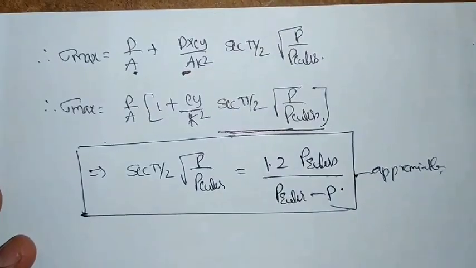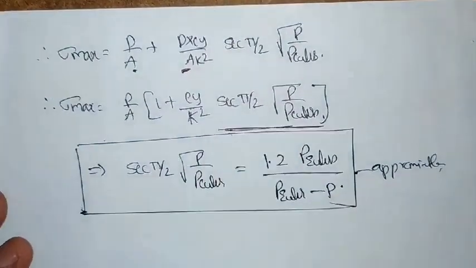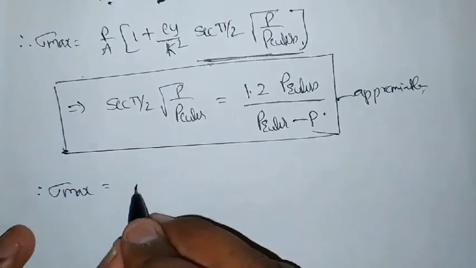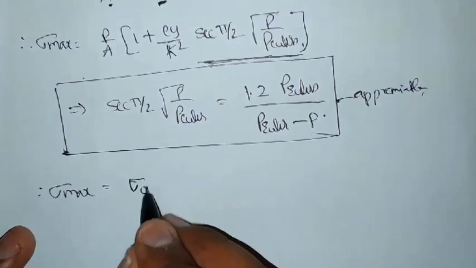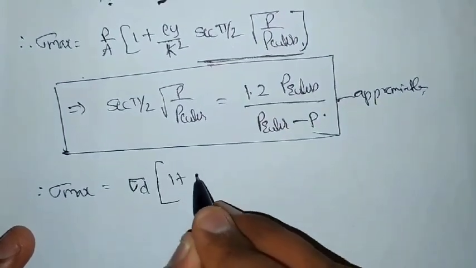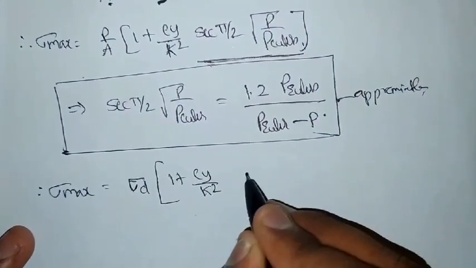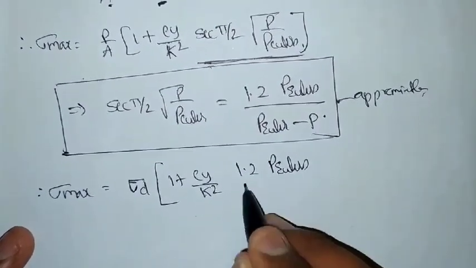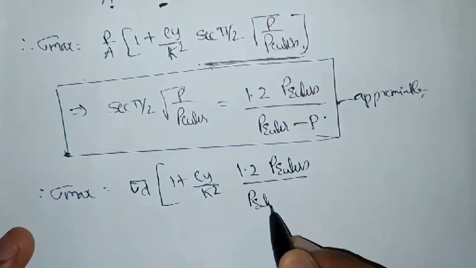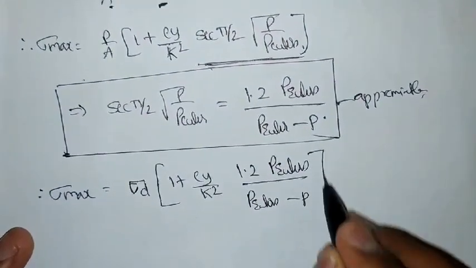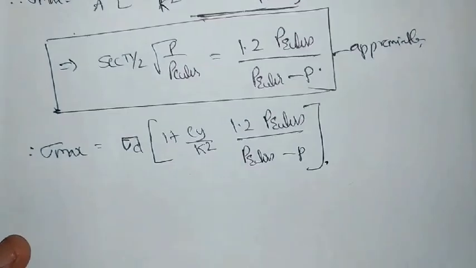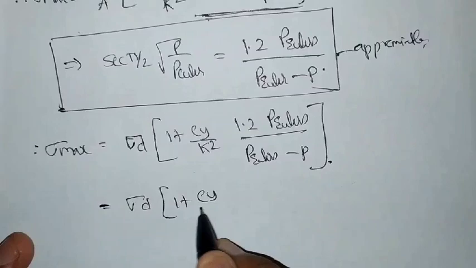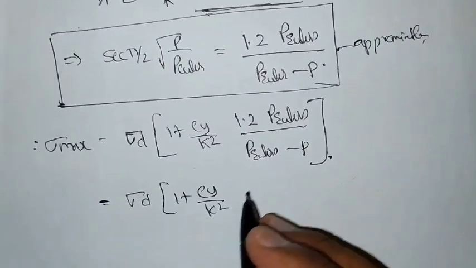By substituting this value in the previous equation, we get sigma max is equal to, so this P by A can be written as direct stress sigma d, plus 1 by E by K square. By substituting that, it will become 1.2 P Euler's divided by P Euler's minus P.